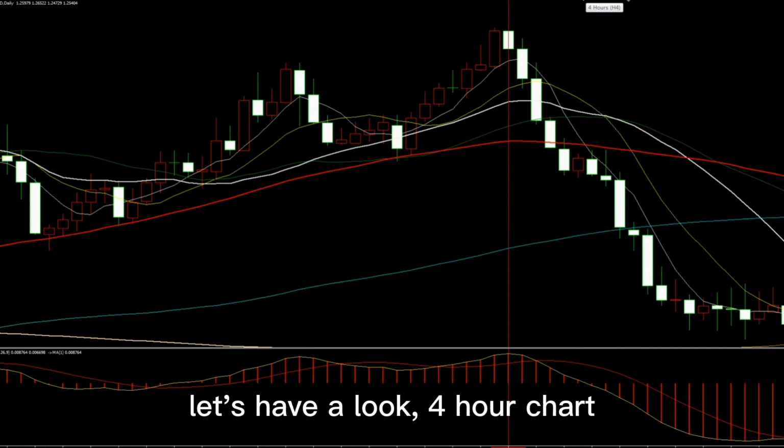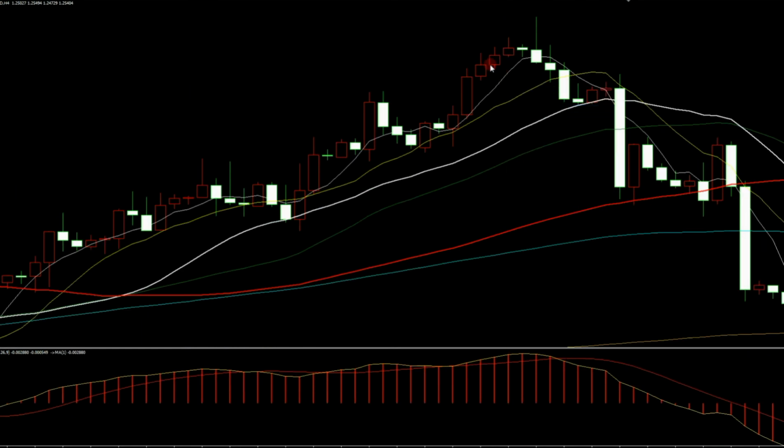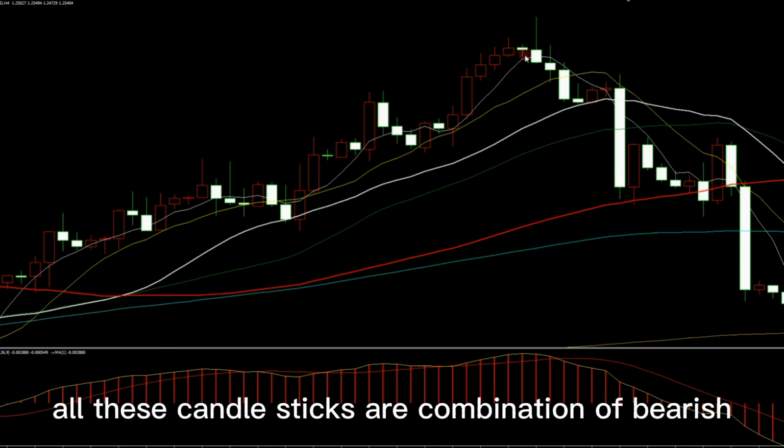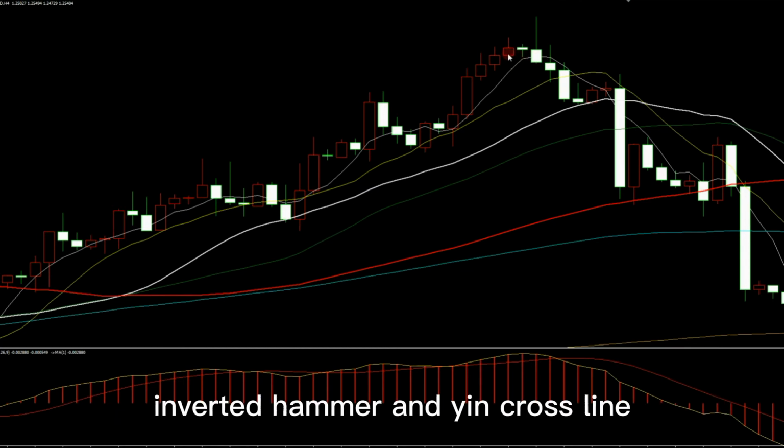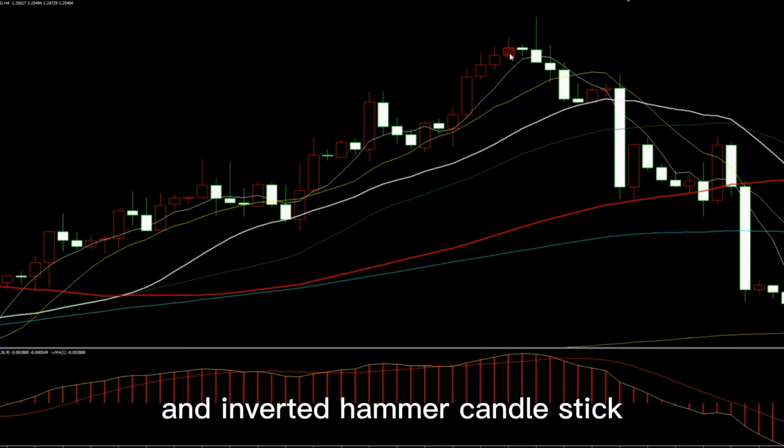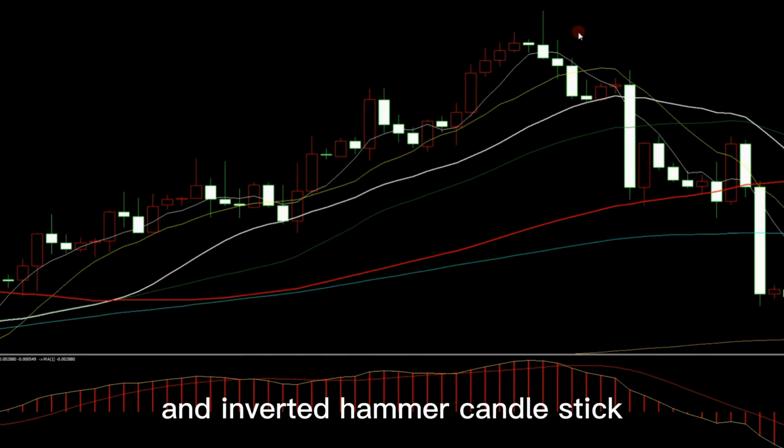Let's have a look at the 4-hour chart. All these candlesticks are a combination of bearish ones: inverted hammer, inline cross line, and an inverted hammer candlestick.